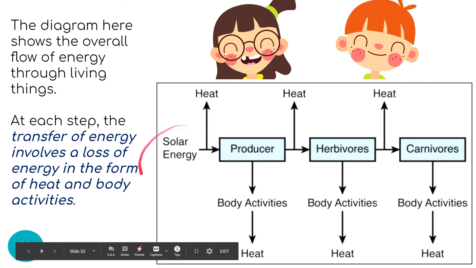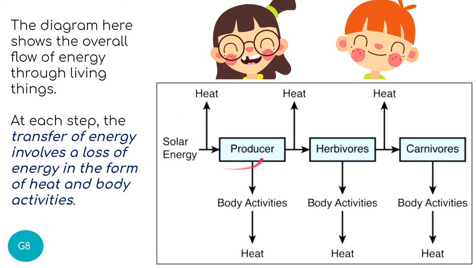In the same way, not all solar energy that our planet receives is used by producers. Some is reflected back into the atmosphere. So when producers are eaten by herbivores, the chemical energy is now transferred, and the glucose molecule is now converted to adenosine triphosphate through cellular respiration.